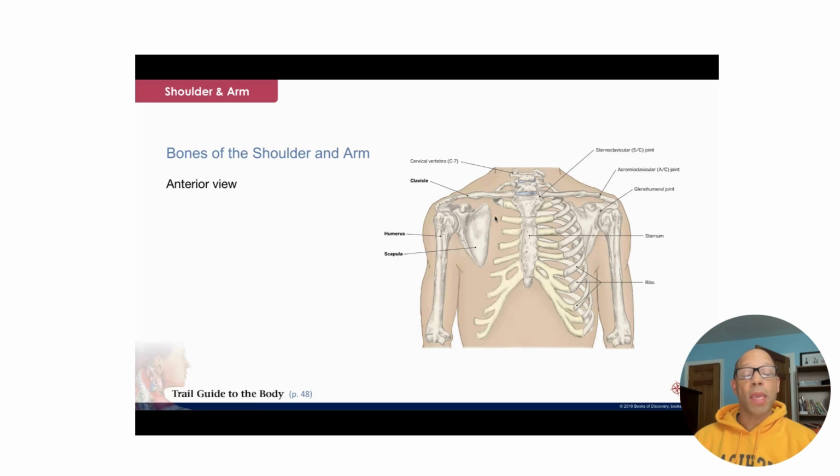And that articulates right there. That was the one I was talking about where it had the gliding joint right there. And then the humerus, the upper arm, is also part of that shoulder girdle. So those three bones, the clavicle, the humerus, and the scapula, all form the shoulder girdle.